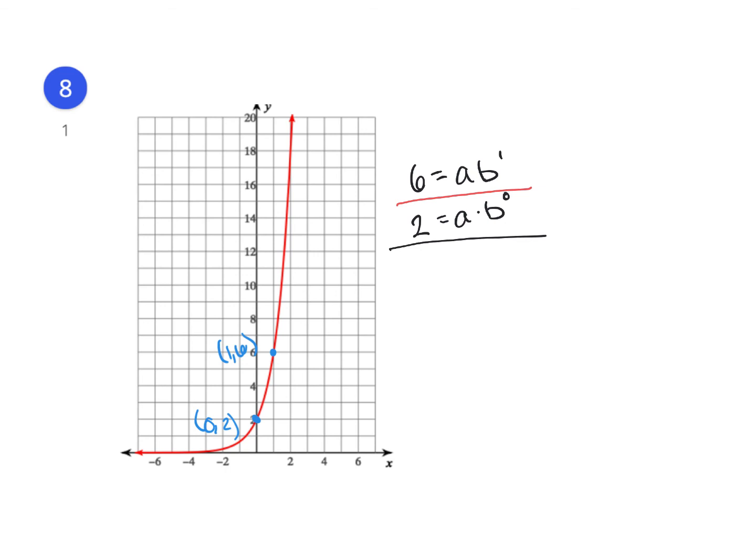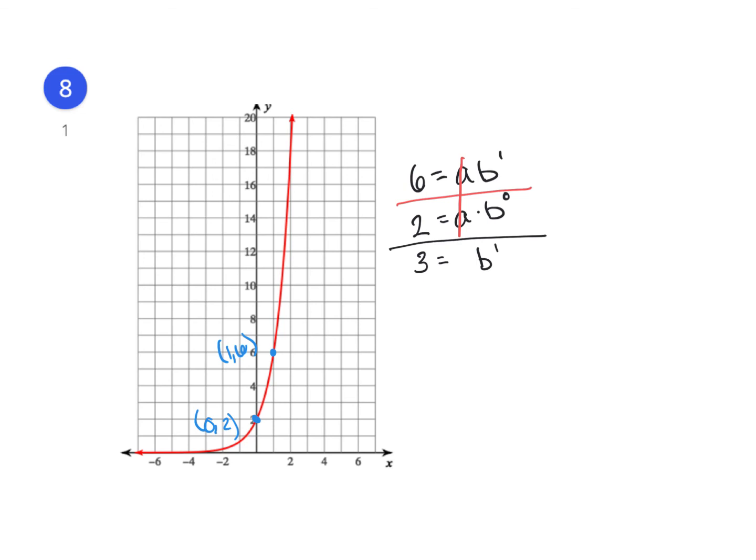So let's see, 6 divided by 2 gives us 3. A divided by a becomes 1. B to the 1 divided by b to the 0, when we subtract those exponents, we get b to the 1 minus 0, or just b to the 1. And when you have an exponent of 1, that's kind of just like not having an exponent there at all. So this is b is equal to 3. Kind of nice when it works out that way.